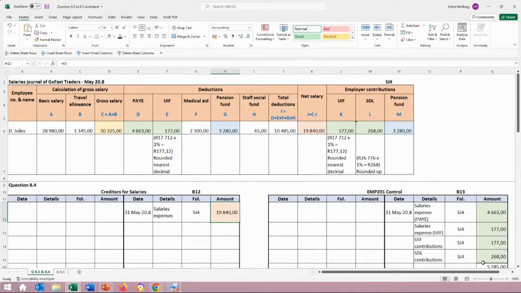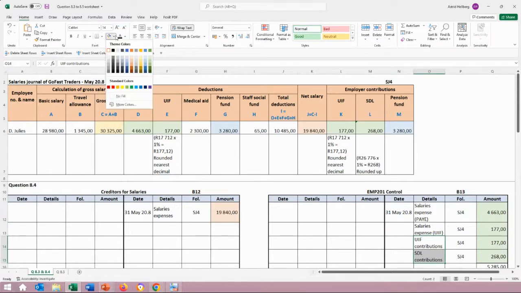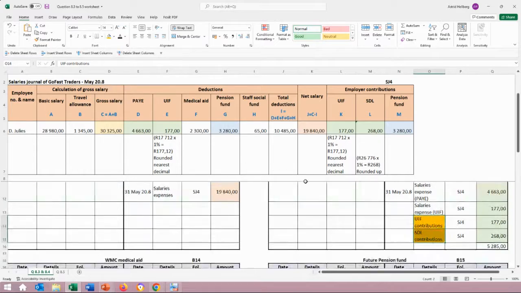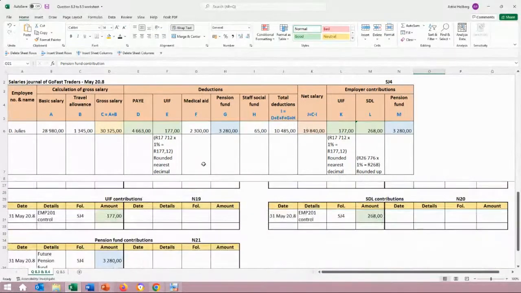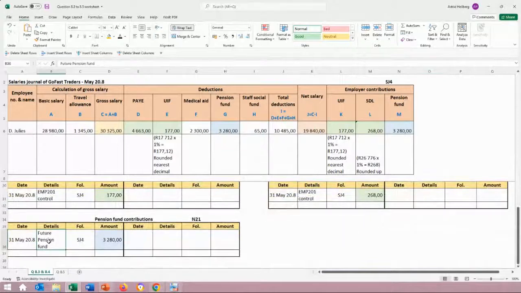Okay, the main thing students got wrong last year, just to quickly tell you, was these account names here. Just going to make them orange. Those account names students got incorrect. This account name that they got incorrect. And then students did not know what accounts these had to go to.